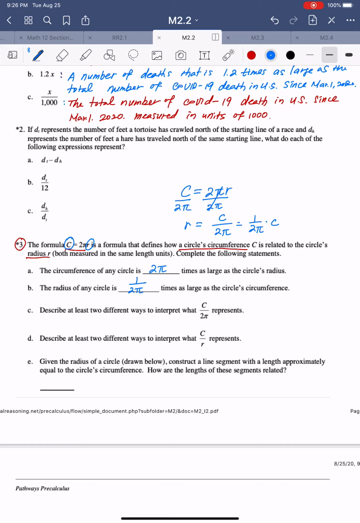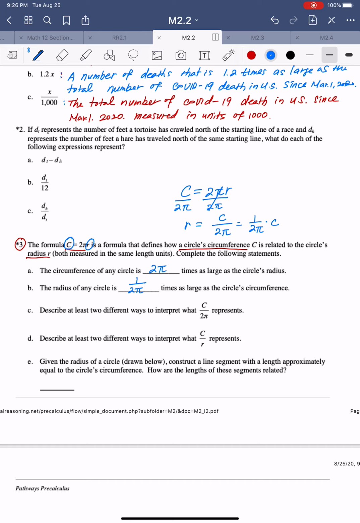C, describe at least 2 different ways to interpret what C over 2 pi is. So C over 2 pi is going to be the length of the radius of the circle, okay?